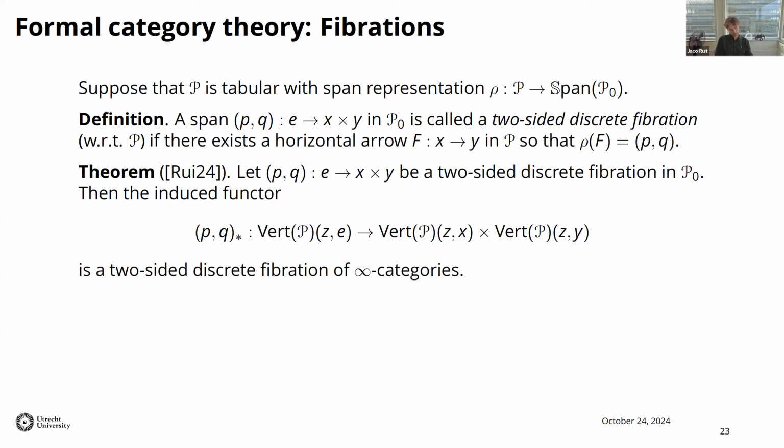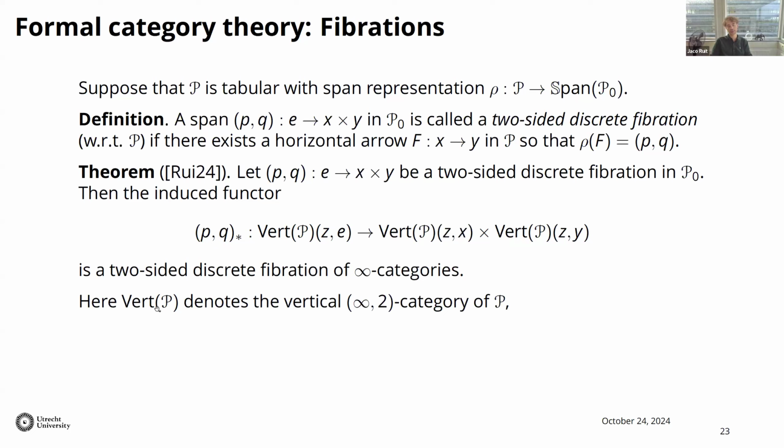So what I want to say with this theorem is that whenever you define two-sided discrete fibrations in this way, they are in particular going to be two-sided discrete fibrations internal to Vert of P. And maybe I should have said what this notation Vert of P means.